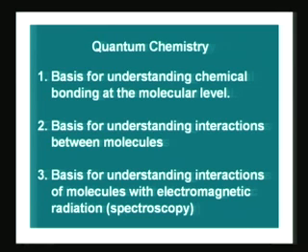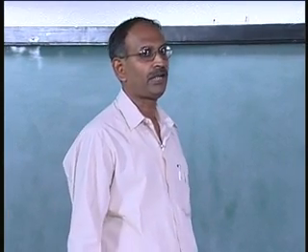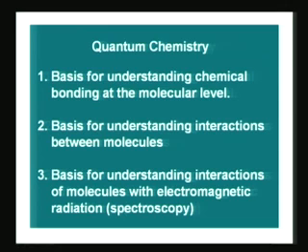This is the branch of spectroscopy. Spectroscopy is how we detect, we determine, quantitatively assess various chemical species, intermediates in a chemical reaction, and many other things. So an important aspect of molecular spectroscopy, the basic theory is provided by the methods of quantum mechanics and the methods of quantum chemistry.